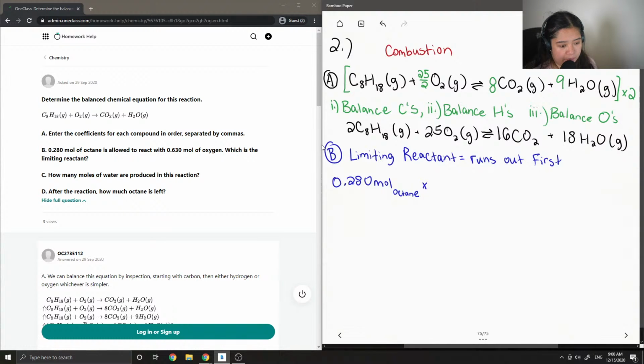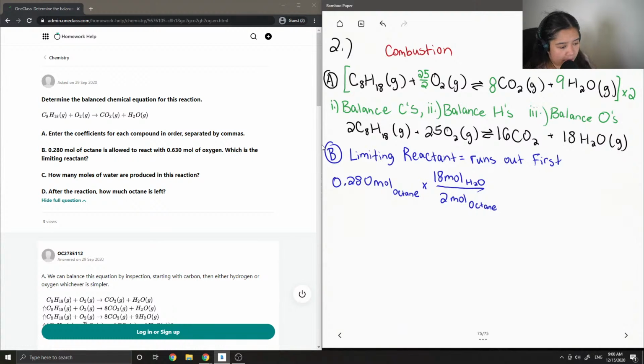If we multiply, you'll notice that because of our balanced equation, there are 18 moles of water produced with every 2 moles of octane. That's why it's important to make sure that your reaction is balanced, because we can do the molar ratios and find out how much of our product we can actually form.